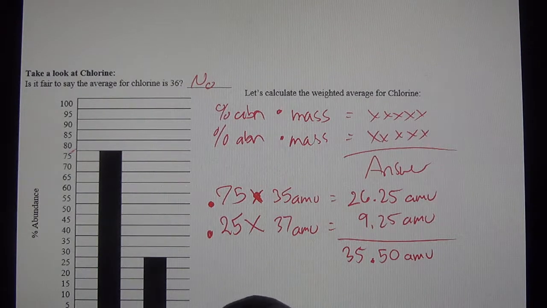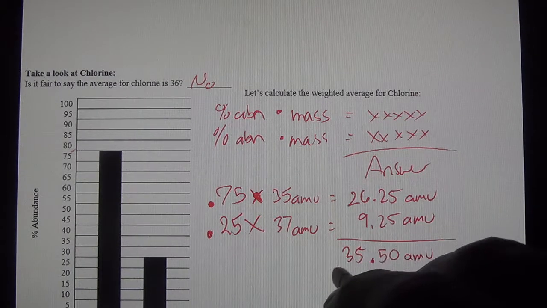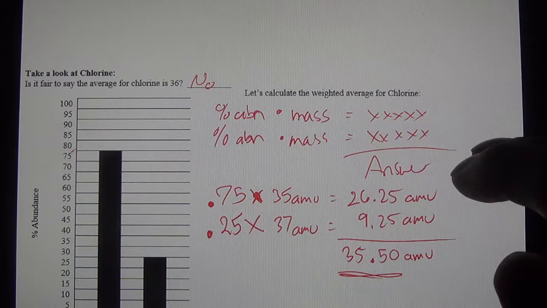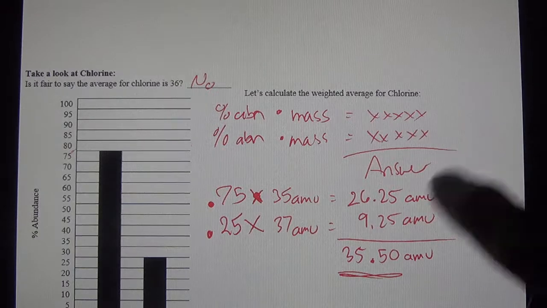And it's certainly not going to be between 36 and 37. So it's got to be somewhere between 35 and 36. And you can see most definitely our average is between 35 and 36. Okay, so that's the process, and if you have a bar graph to read, that's what you do.